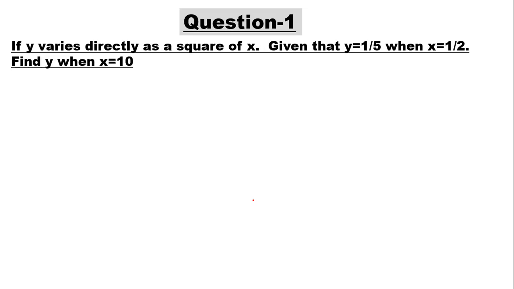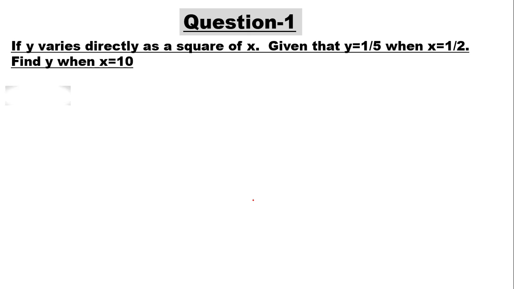So let's consider question number 1. If y varies directly as the square of x, given that y is equal to 1 by 5 when x equals 1 by 2, find y when x equals 10. Students, see, there is a direct variation between x and y, but y varies directly not with x, in fact with the square of x.